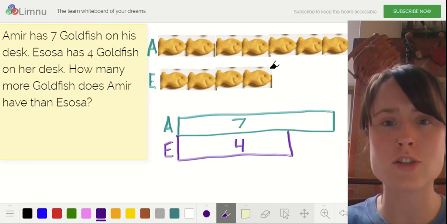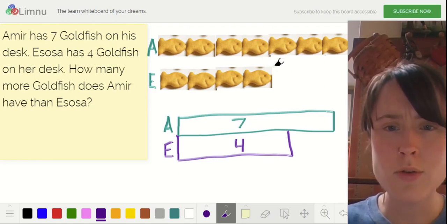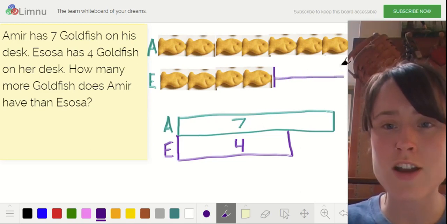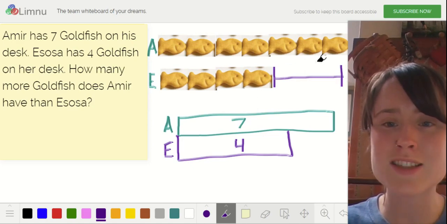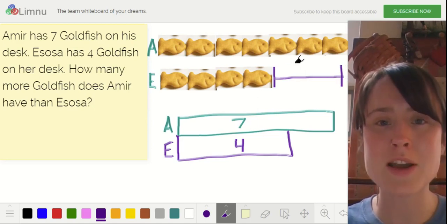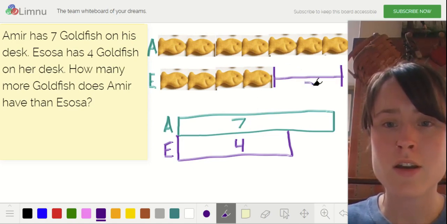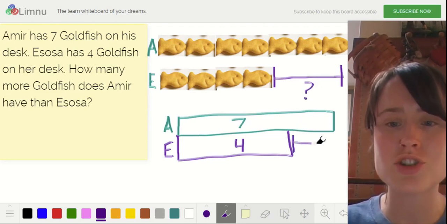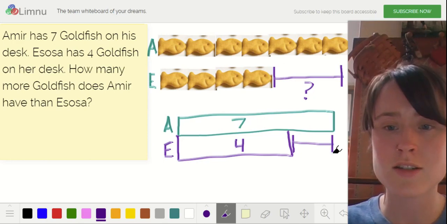I'm comparing two different values. Ooh, I notice right here that these goldfish are extra. There's a part that's different because Amir has more. You can label that part that's different on your bar model just like this.